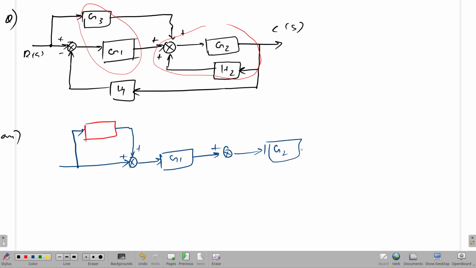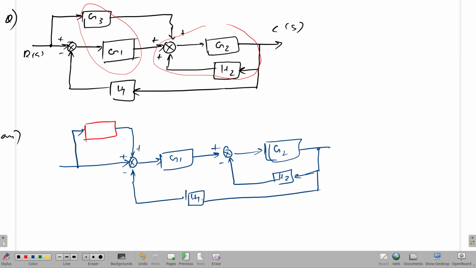There is no change here at all, nothing is changing here. H2 minus, then your other feedback which comes here, so it will be H1. So here we have C of S and here we have R of S.